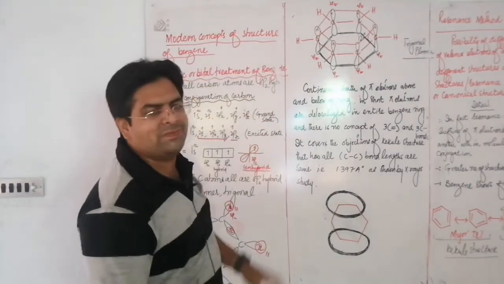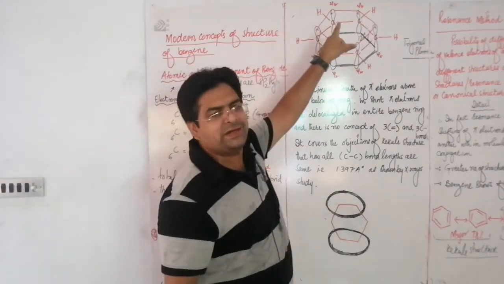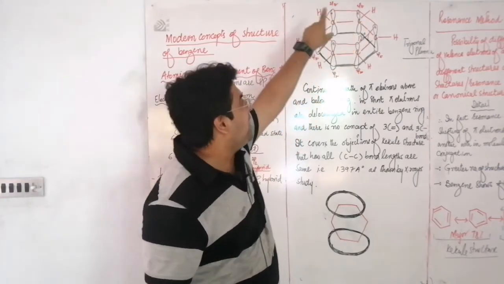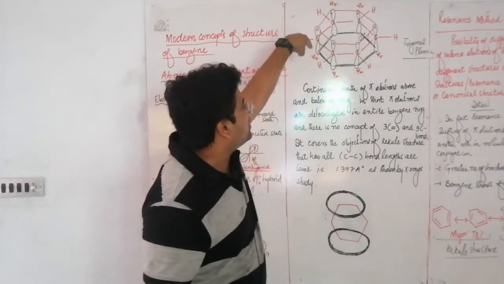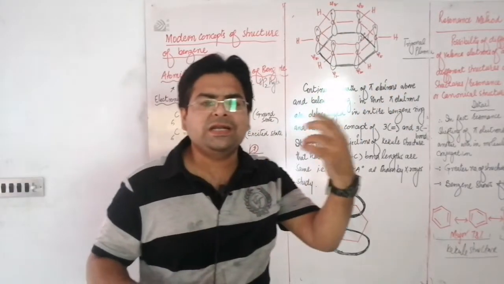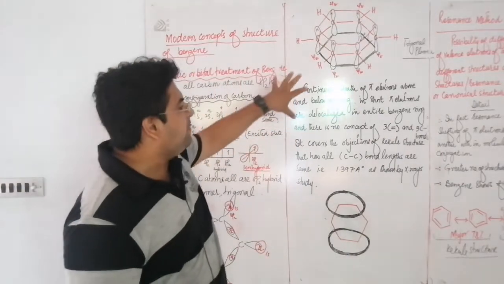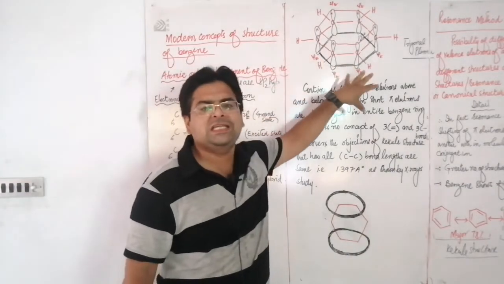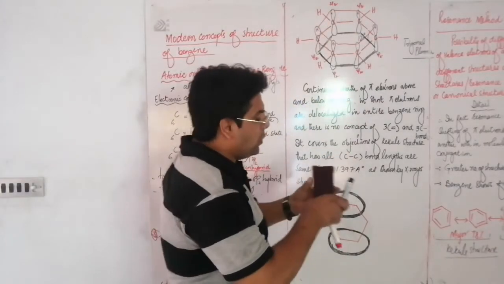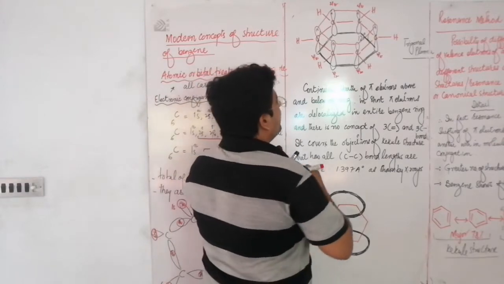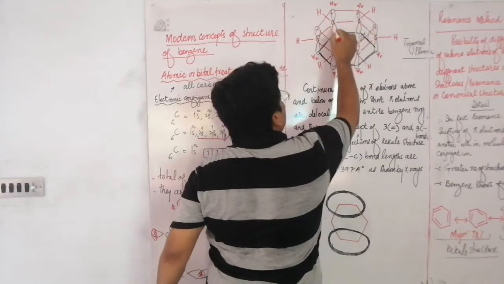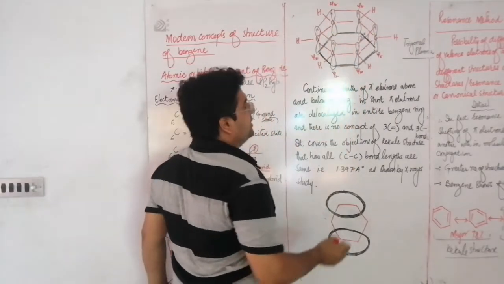The correct concept is that of delocalized pi electrons. In fact, there are no 3 separate pi bonds. The pi electrons are delocalized, which means they spread in the entire benzene ring and produce a continuous sheath of pi electrons. As we can see, this is the unhybridized p orbital on each carbon atom.